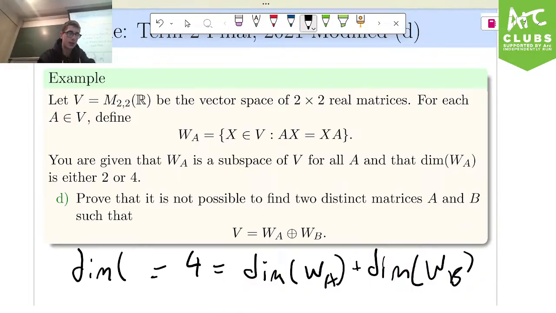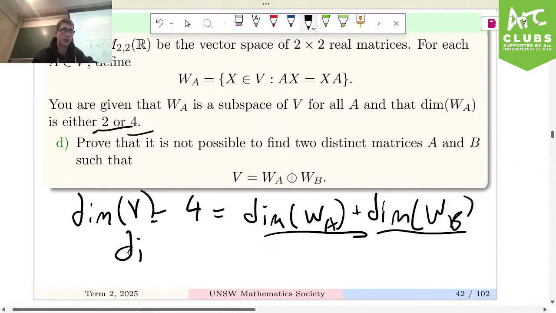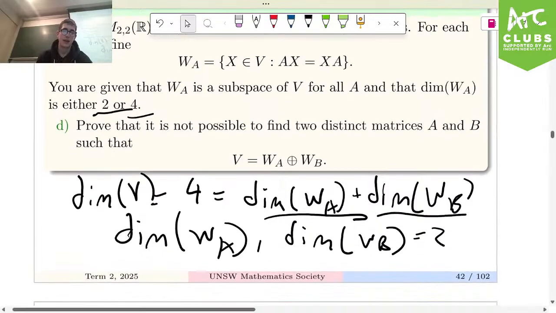So that means since this number and this number have to be equal to either 2 or 4, hopefully you can see that both the dimension of WA and WB have to be equal to 2, so that we need, for this to work, for distinct A and B, two-dimensional vector spaces WA and WB that have no overlap, such that they give this direct sum.